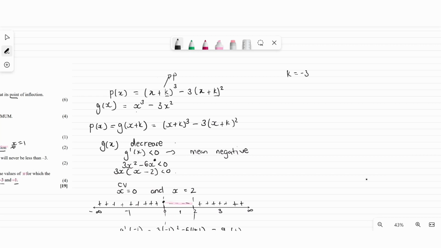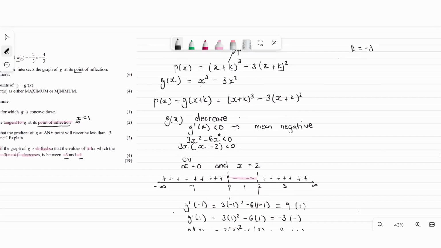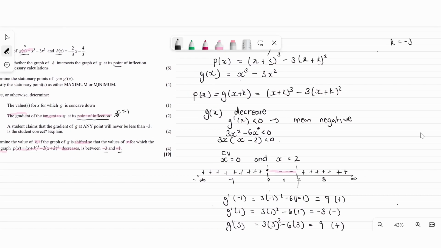Negative 3 means the graph is going to shift to the left. So, conclusion: since k is equal to negative 3, and basically g and p are the same thing, the difference being k, the graph g is going to move to the left. Since it's negative, g moves to the left, and that's that.